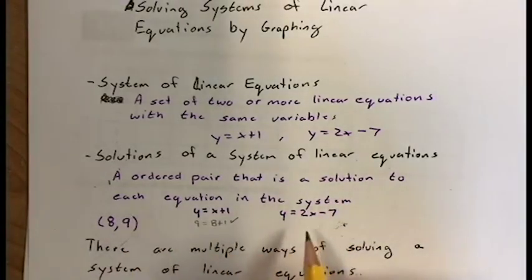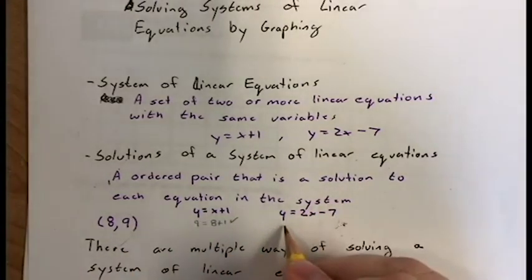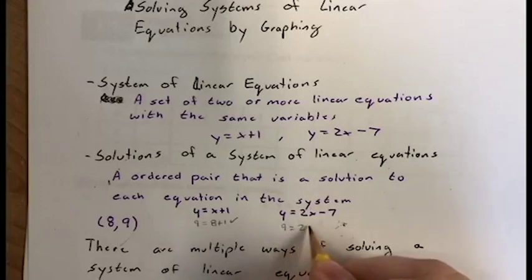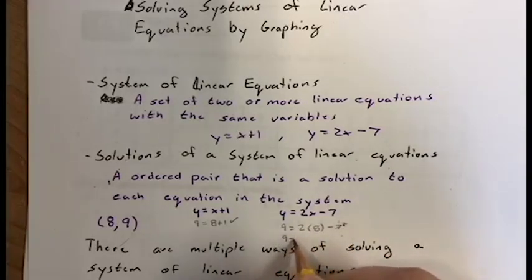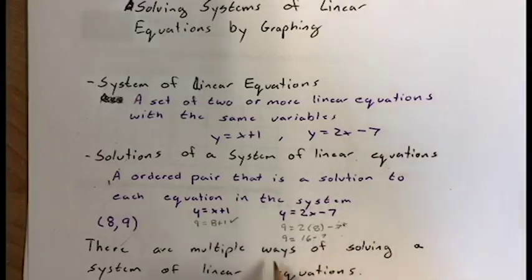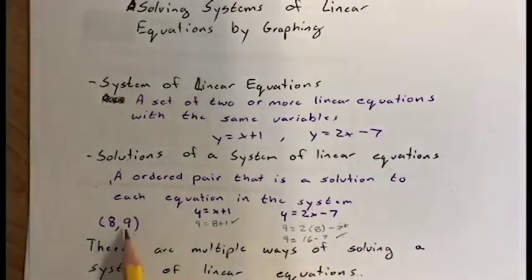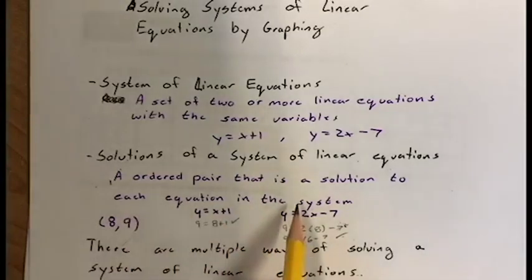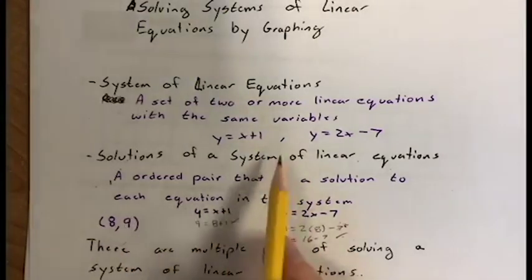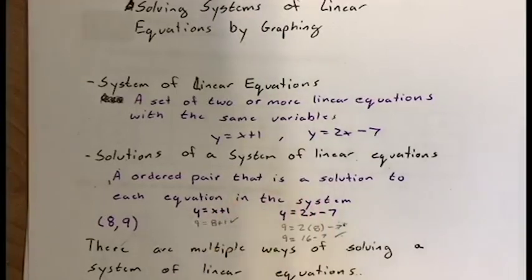The same thing happens here. We have 9 = 2 times 8 - 7. That's 9 = 16 - 7. Is 16 - 7 equal to 9? Yes, it is. So this is also a solution to this equation. Because this ordered pair is a solution to both equations, it is the solution to this system of linear equations.